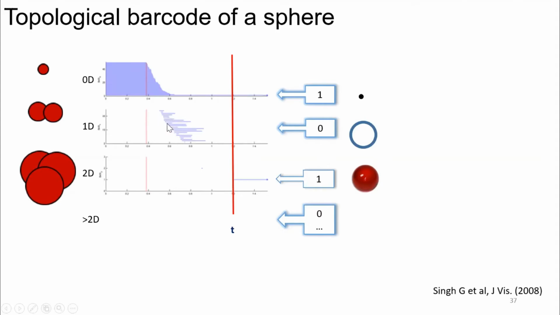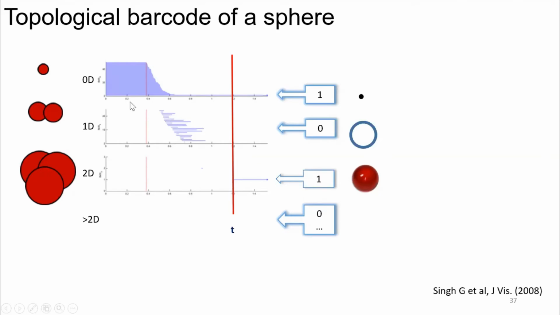This second block of the diagram represents loops that appear in 1D as the size of the vicinity is changing in this range. But then vicinities grow even bigger, and you start having two-dimensional loops. So you see this dynamics as the size of the vicinity is changing.